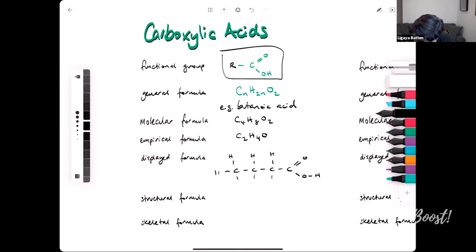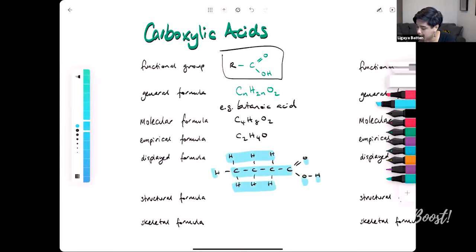And just double check that this makes sense with the molecular formula. So we have 4 carbons, we have 7 H's around the carbons in the chain, and the other H attached to the OH, so that's 8. And then we have the 2 oxygens. So we've got C4H8O2.